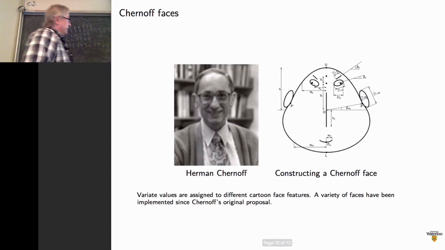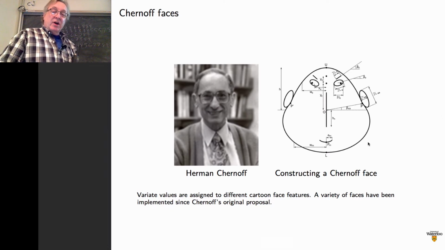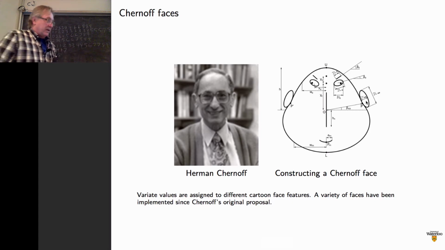And there's the original real Chernoff face, that's Herman on the left. He chose a particular measurement about the shape of the cartoon face, related to the length of the nose. He had ears and he had eyes, and where the pupils were located, and the angles of the eyes, and how big the jaw was compared to the top of the head and the mouth, etc.